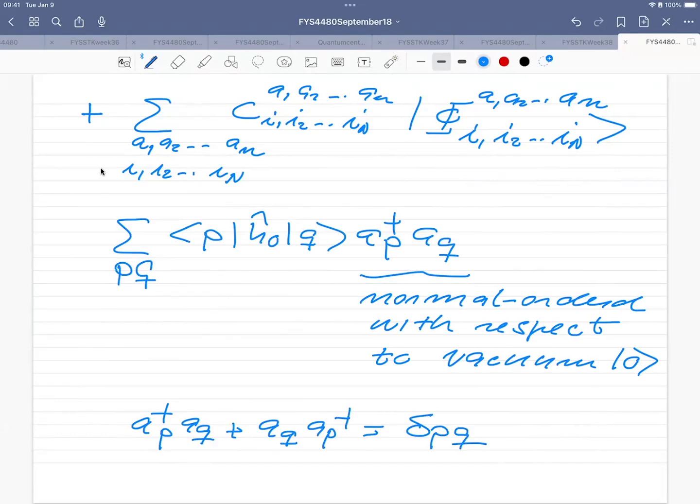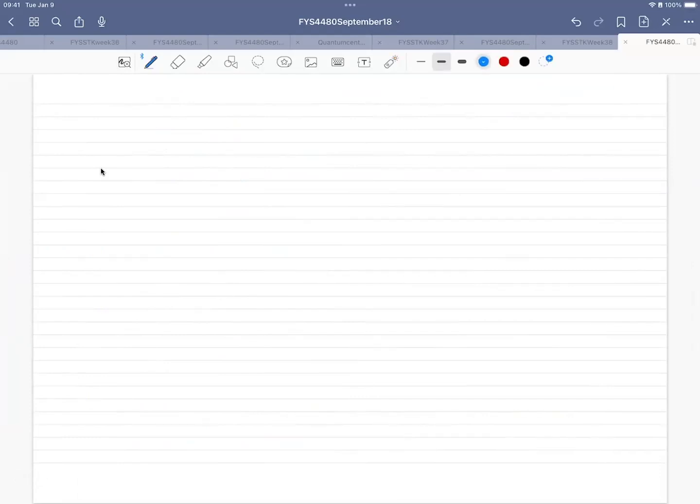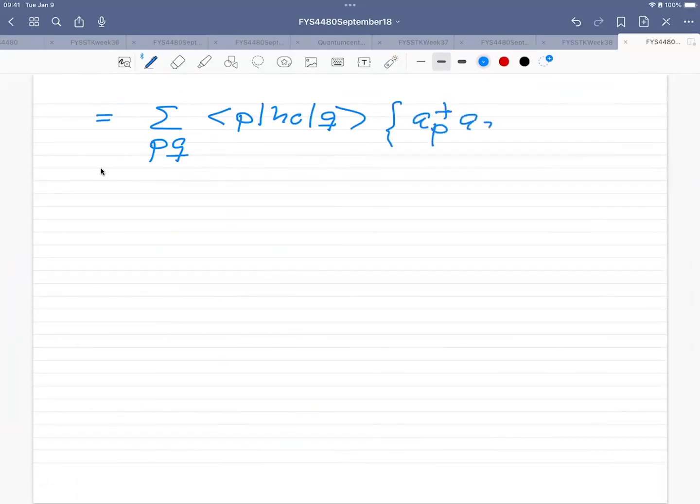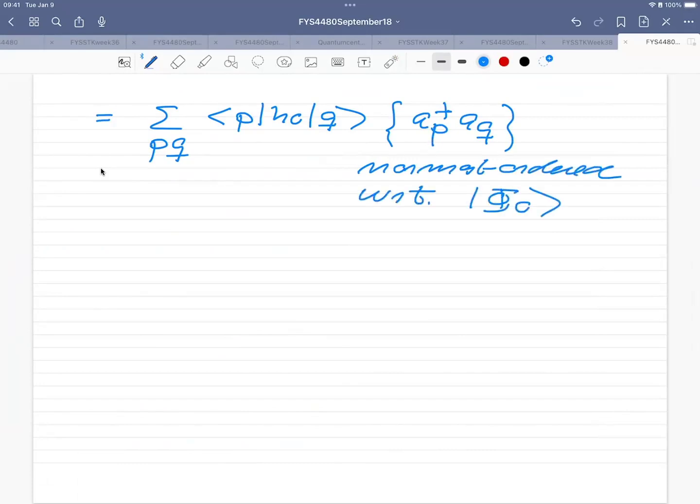I can now use the standard rule, but then I'm going to redefine it in terms of a normal ordered product with respect to the new vacuum value. I'll show you this for the two-body interaction, but I'm just going to state the result here. For P and Q, when I use the anti-commutation rule, this is normal ordered with respect to the new vacuum state.